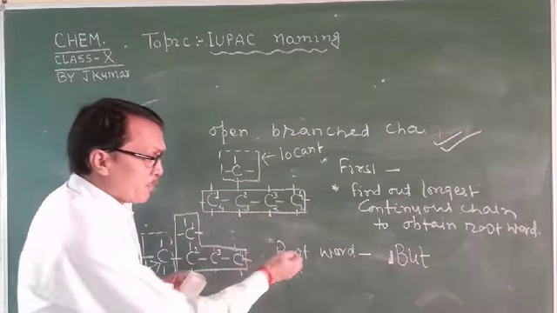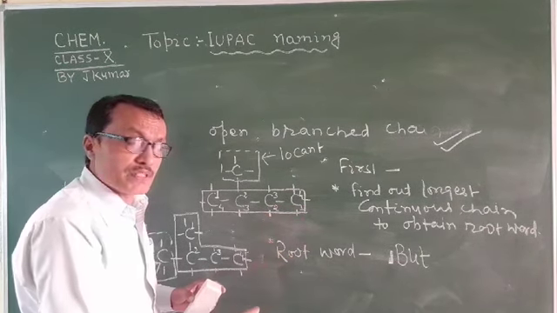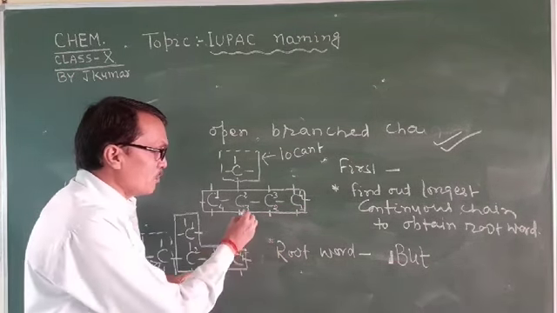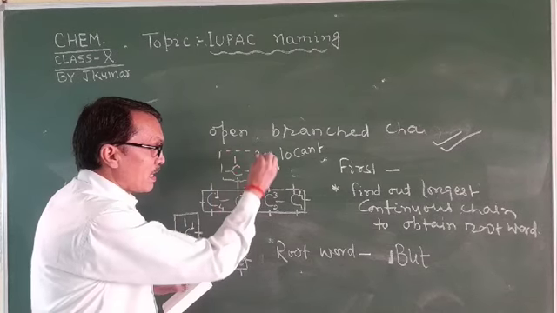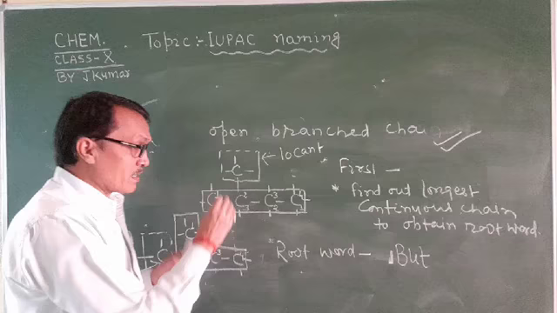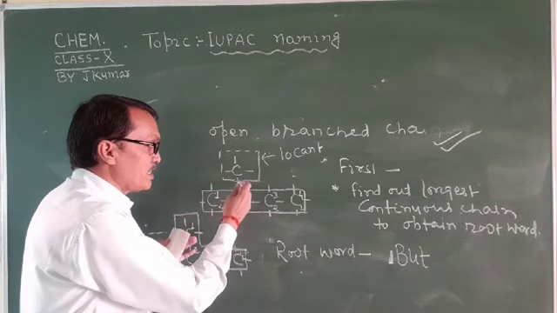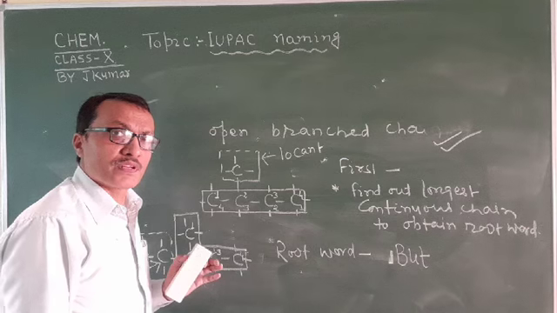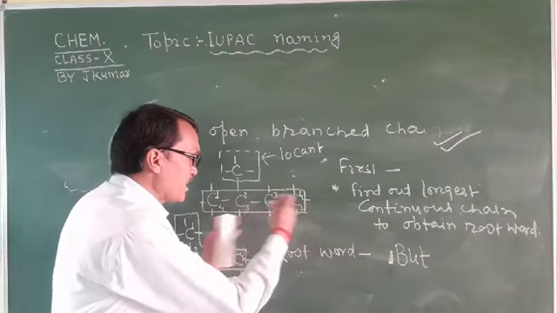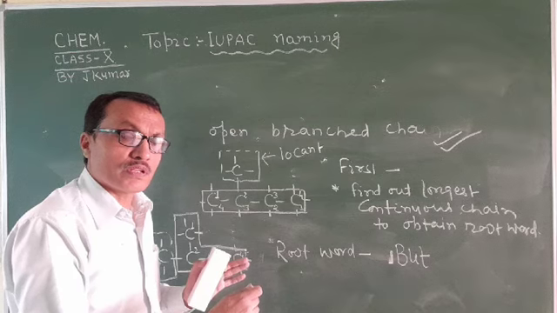If you select this side to number the carbons, in this case locants are falling on third carbon. But from left to right, if you count the chain, locant is on second carbon. And from right to left, locant is on third carbon.